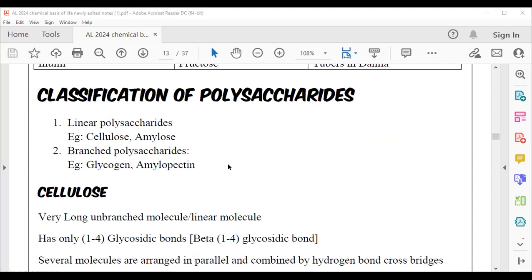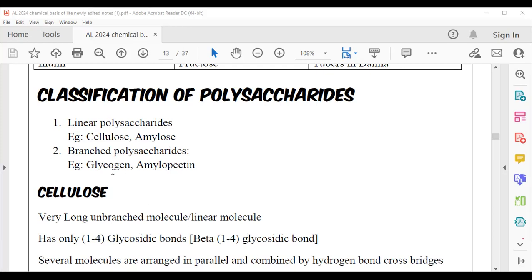Good. So further, now here they are dividing polysaccharides into two, linear and branched, that I already told you, correct? Linear polysaccharides and branched polysaccharides, didn't I give you? You gave, sir. Linear polysaccharides have only 1,4-glycosidic bond. Branched polysaccharides have 1,4-glycosidic bond and 1,6-glycosidic bond.